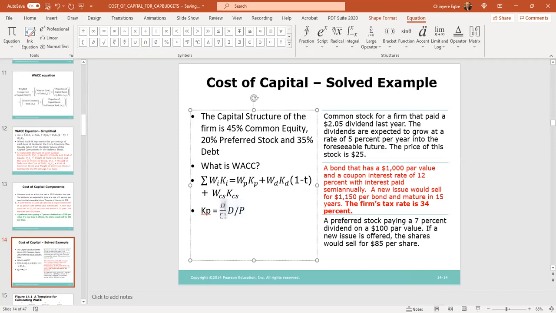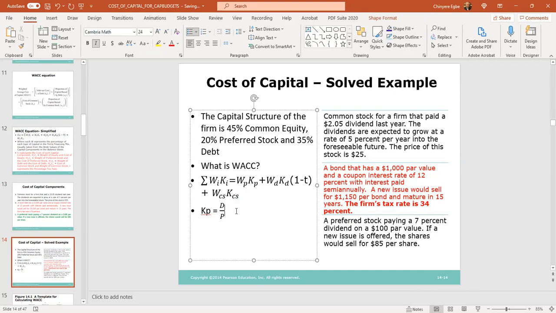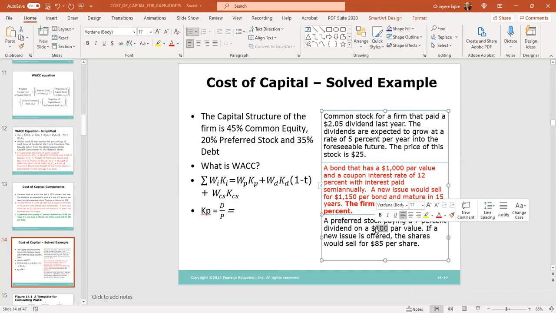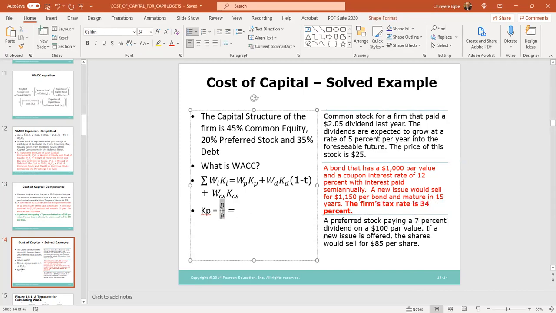So what is the dividend? For this particular preferred stock, the dividend is $7 because it is 7% on a $100 par value. So the dividend will be 7.